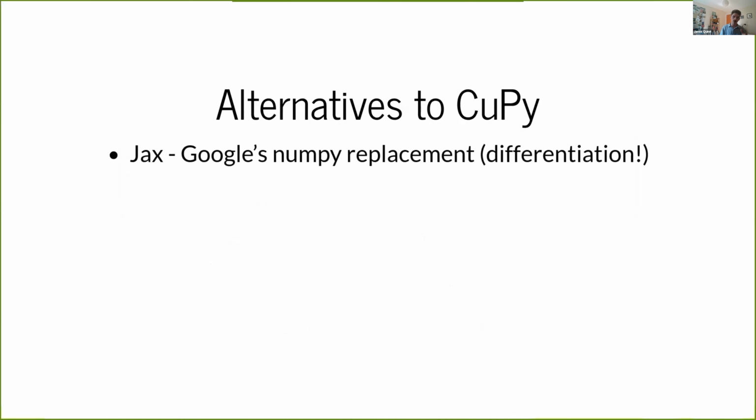So some alternatives to CuPy. You've got common ones like JAX, which is a very similar idea. It's a NumPy replacement. It's supported by Google. And that also has some differentiation into it. So you can take your simulation and actually differentiate it, and then that can be quite straightforward to be popped into a machine learning framework, for instance.